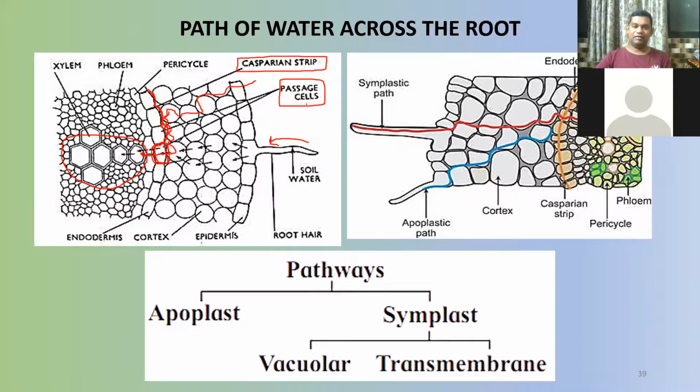Passage cells will not have any Casparian strip, because the passage cells allow the entry of water into the xylem. Do you understand this mechanism of how water is ensured to go only into the xylem and not the phloem? Yes, understood well.